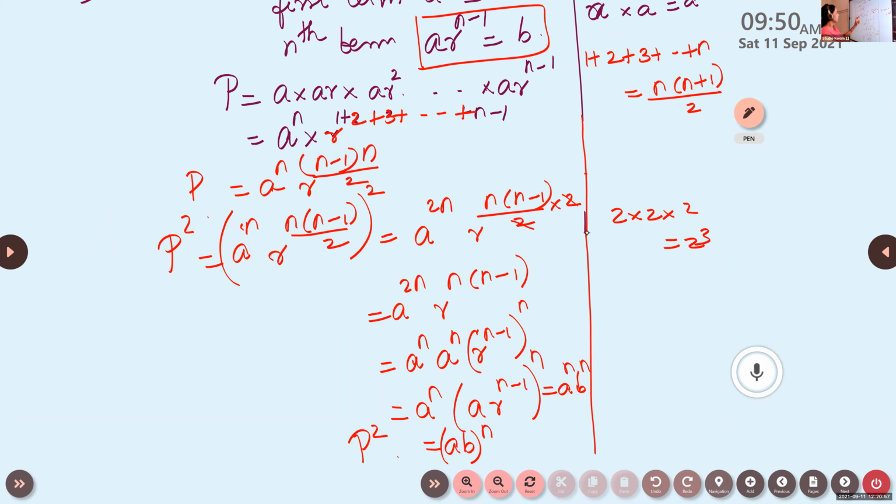Okay. Then what is ab the whole square? a square into b square. We split the power. So we can write this as a raised to n whole square, which is the same as a raised to 2n. Laws of exponents. Power to power means multiply the powers. Is it okay? Yes, ma'am. What about the others? Yes, ma'am.